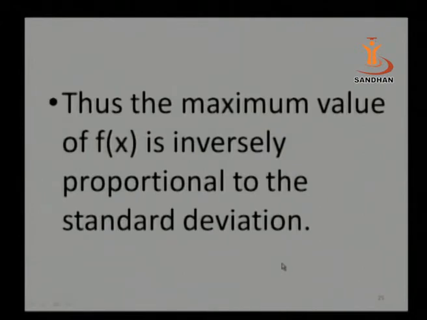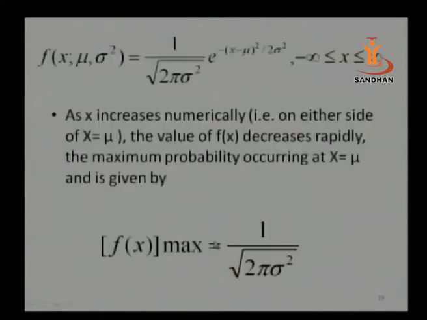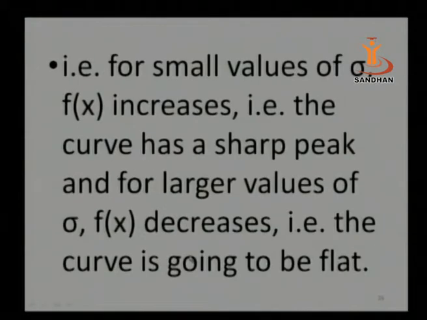Okay, now thus the maximum value of f(x) is inversely proportional to the standard deviation. Let us see here: because the standard deviation sigma is in the denominator, f(x) is inversely proportional to sigma. It means for small values of sigma, the PDF f(x) increases and the curve has a sharp peak, and for larger values of sigma, f(x) decreases, meaning the curve becomes more and more flattened.